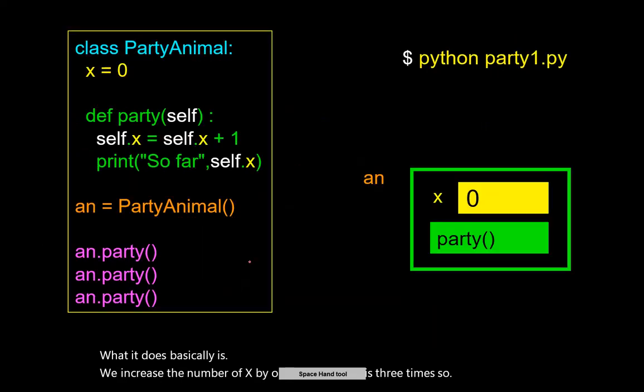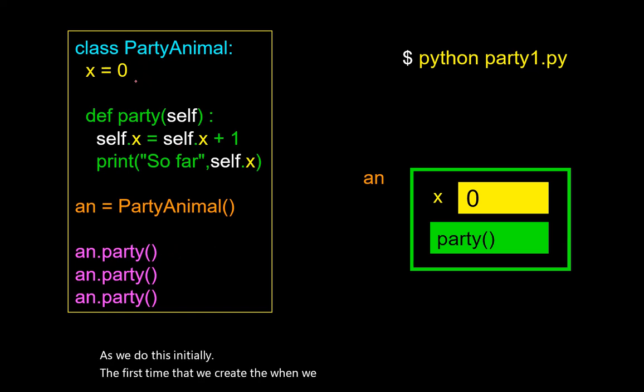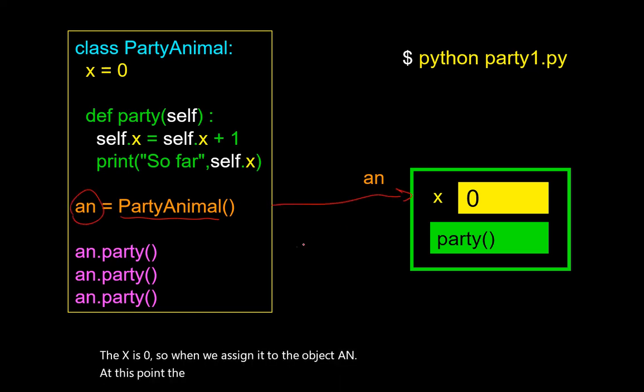So as we do this, initially the first time that we create, when we define the PartyAnimal, the x is 0.